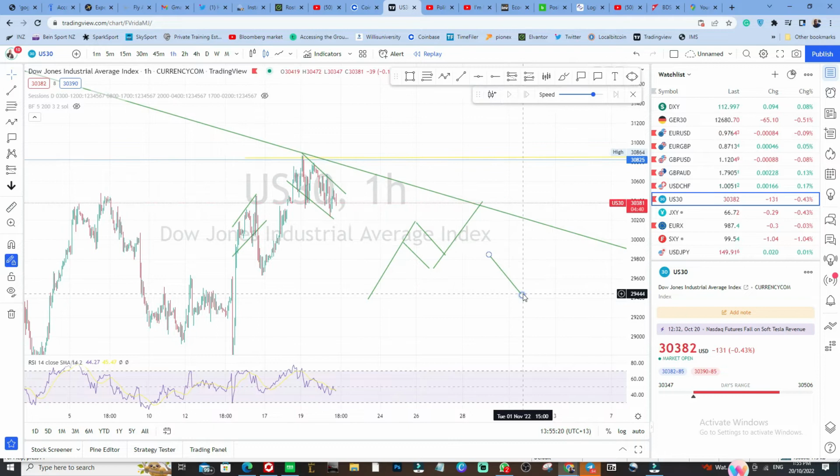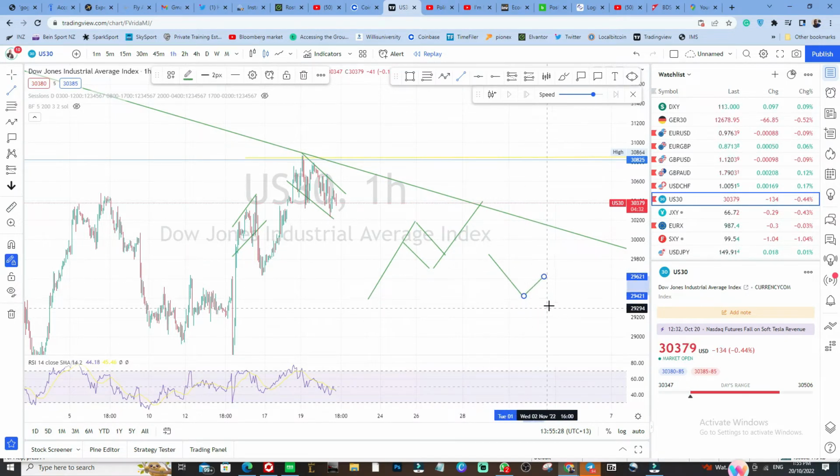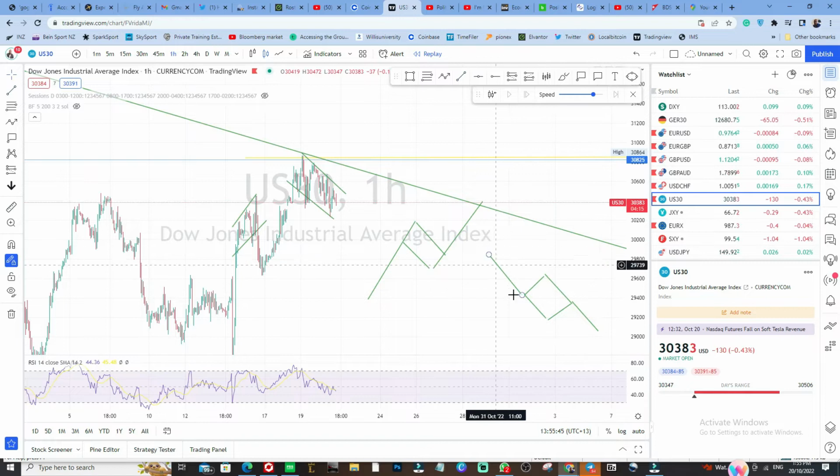It can push down, consolidate like this, then push to the downside again. So the market comes down, consolidates, then pushes to the downside. So this is for the bearish, and this is for the bullish.